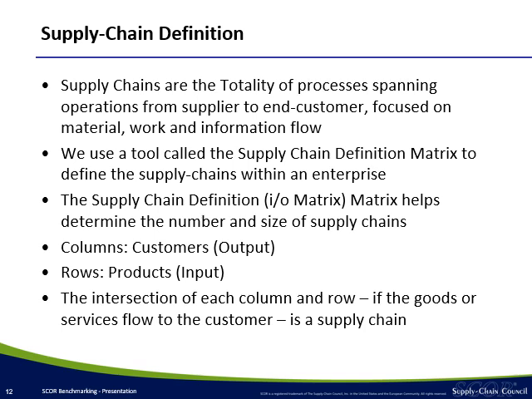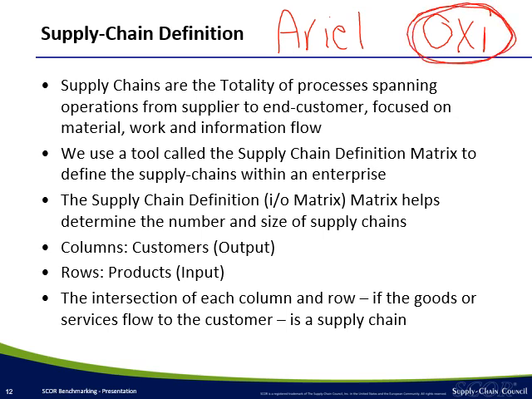For example, if you're selling Ariel, and the same company is selling, for example, Oxy detergents, we need this one to be delivered as cheap as possible. We want this to be delivered as reliably as possible, according to orders. But this one needs to be delivered to save money. So we have different supply chains.